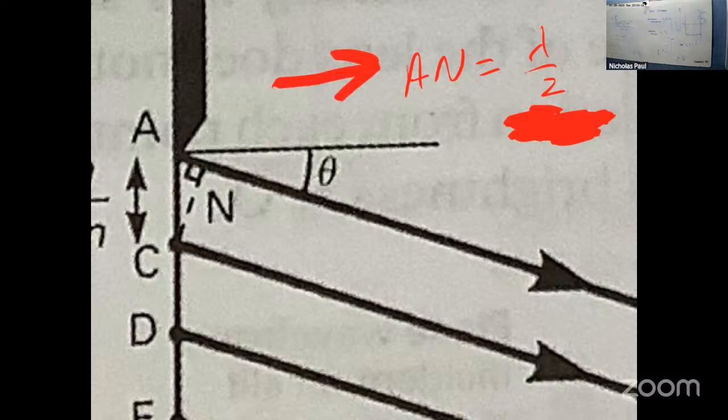The question said that AN is equal to lambda over 2. What does that mean when these rays meet? The path difference is lambda over 2, so they will have destructive interference and cancel out wherever they meet.